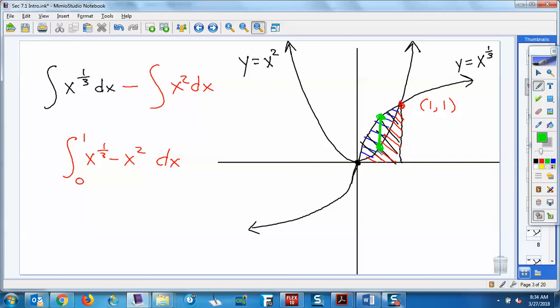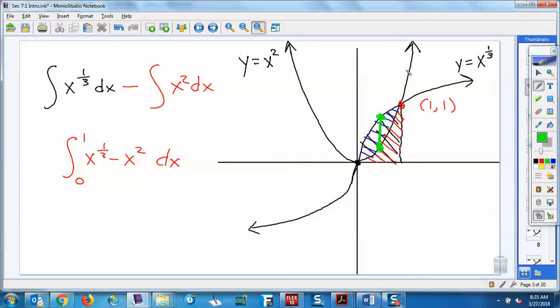So what's the area of these rectangles? The width is the dx. The length of the strip is the height of the rectangles. It's this y value, g of x, x to the 1/3. And you're going to hear me say this a lot: what's the y value of this function? Oh, it's x to the 1/3, because it says it right here, y equals x to the 1/3. So the y value of this function is x to the 1/3. The y value of this function is x squared.